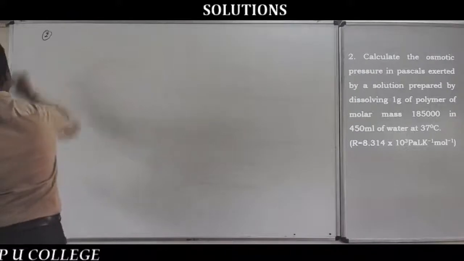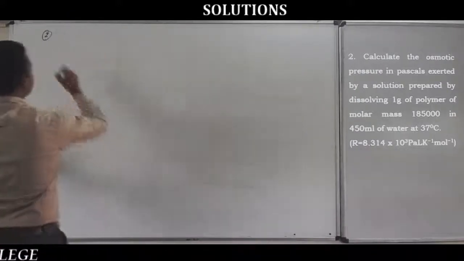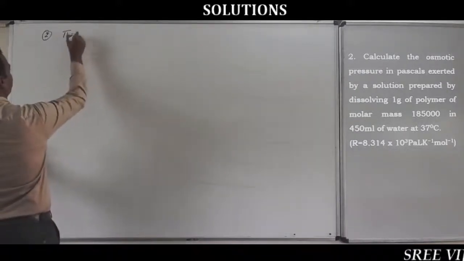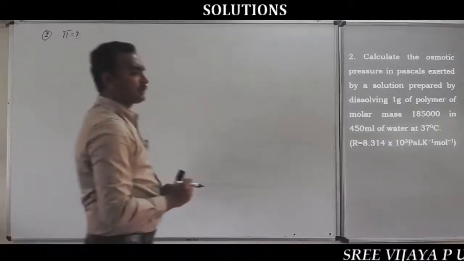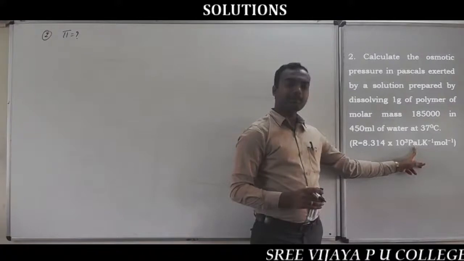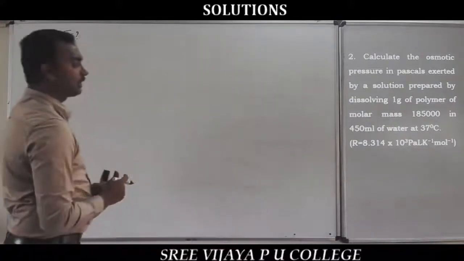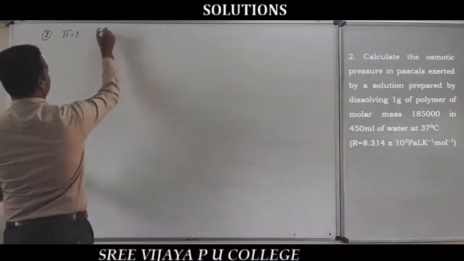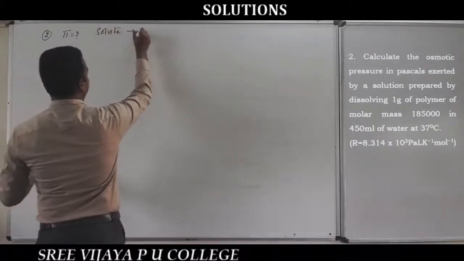Second problem, data. Calculate the osmotic pressure in Pascal. That is, you have to calculate in Pascal. The solution is prepared by dissolving 1 gram of polymer. The solute is polymer.